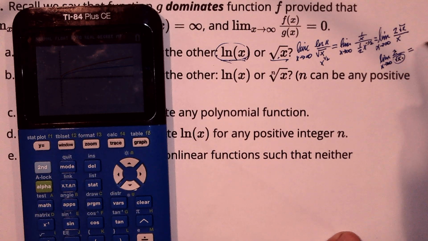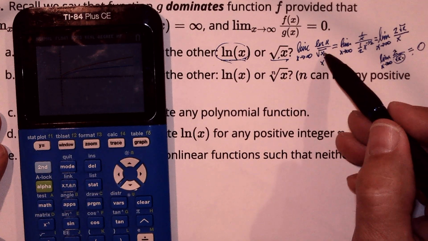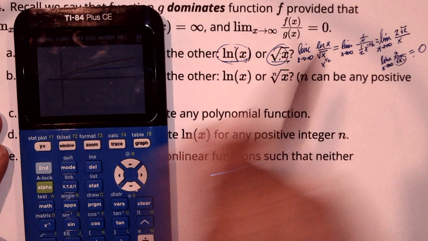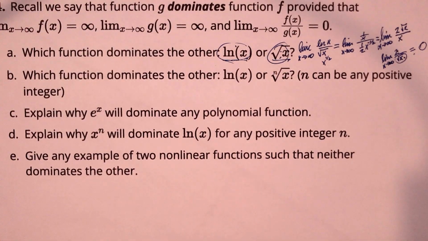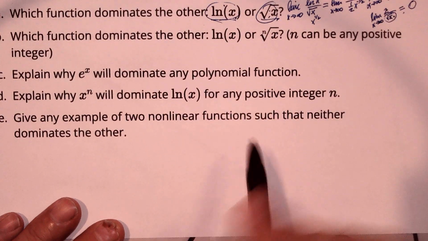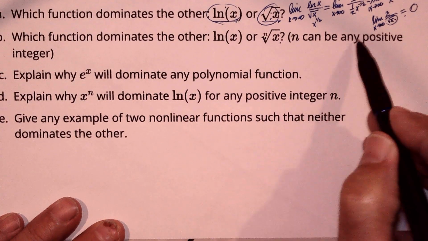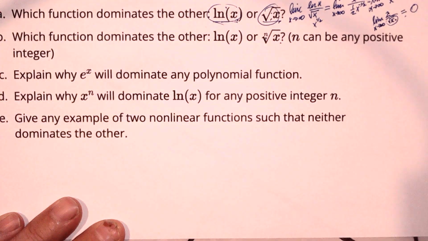So this is going to go to 0. So it is correct that this dominates this. The square root dominates ln x. And does any nth root dominate ln x?